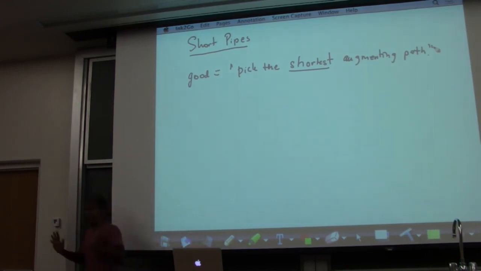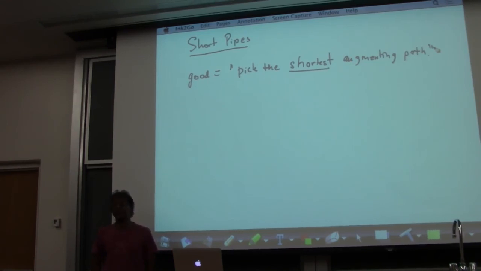And when I say shortest, I don't mean anything fancy. Just count the number of edges. Find the shortest one. And here, of course, it should be a lot easier to see how you actually find such a path. Given a directed graph, can I find the shortest augmenting path from S to D? What do I do?